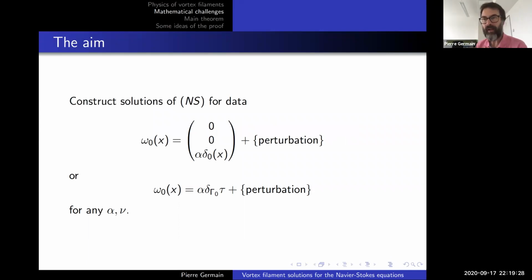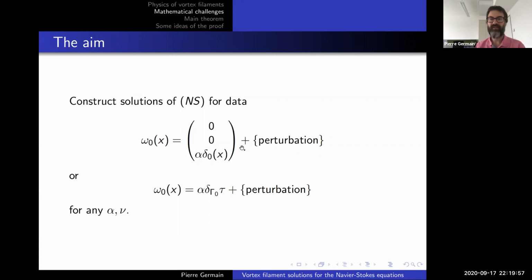Okay, so our aim, as I was saying, was to construct solutions of the Navier-Stokes equation for data which are either given by the straight filament plus a smooth perturbation, or a curved filament along a curve gamma naught to which you add a smooth perturbation.